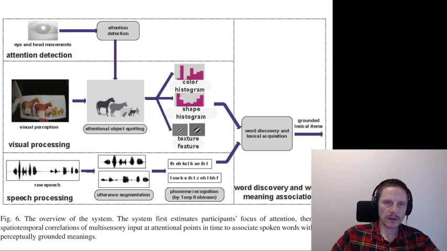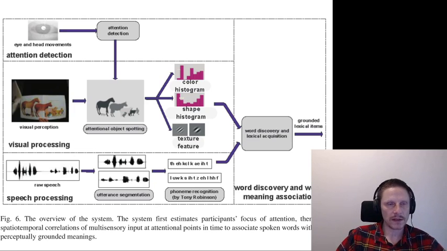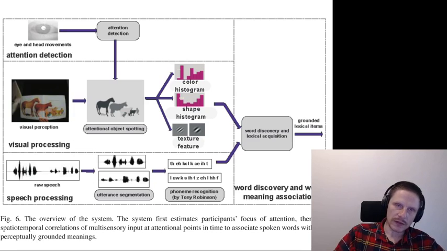Then, similarly to the previous model by Roy and Pentland, they use a similar approach for the visual modality. There is the camera, then the image is preprocessed in some way, and representations of different aspects of this image are extracted in terms of shape, color histogram like in the previous paper, and some texture features. But crucially, there is this additional module which is called attention detection.